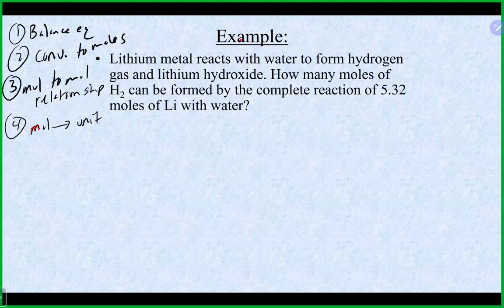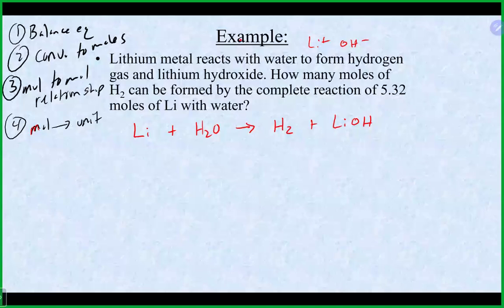So lithium metal is just Li by itself, reacts with water, which is H2O, forms, which is an arrow, hydrogen gas, which is H2, remember, not just H, but H2 is diatomic, and lithium hydroxide, lithium being +1, hydroxide being -1, gives us LiOH. So once again, we just want to make sure before we even get to the balancing part that we have the proper formulas down, which we do in this case.